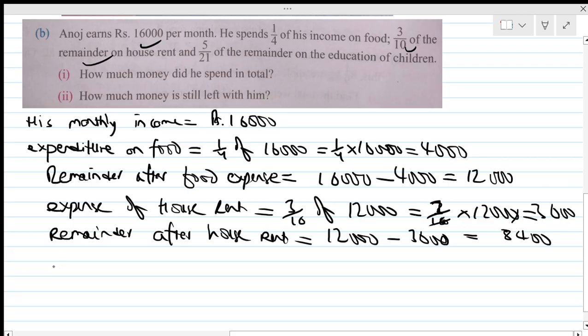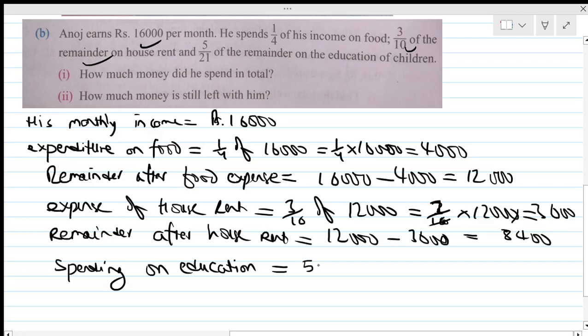So spending on education for his children is 5 by 21 of the remainder.